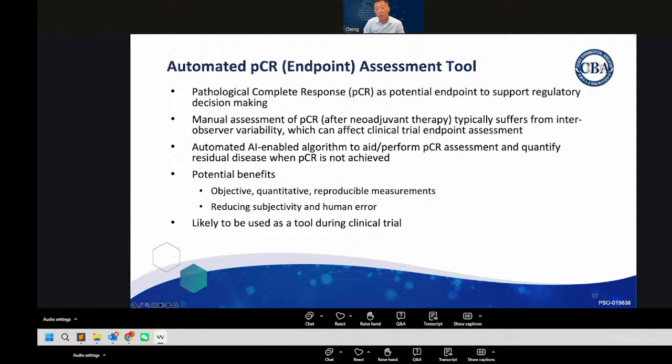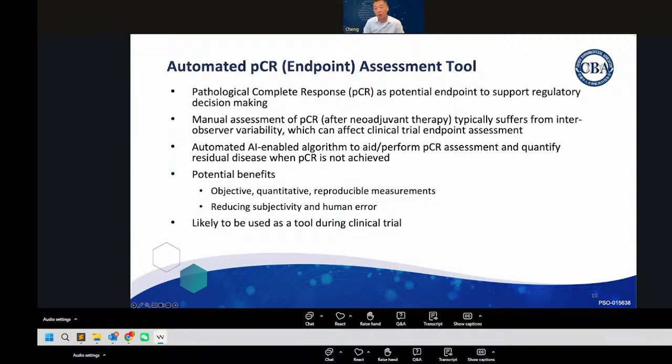There is already published literature on an automated AI-enabled algorithm that can, A, flag a case as pCR, and B, when residual disease remains, quantify it precisely. Essentially, the deep learning model can learn to recognize the tumor architecture from the H&E stained images and also the immune infiltrates, then assign the probability for complete response.